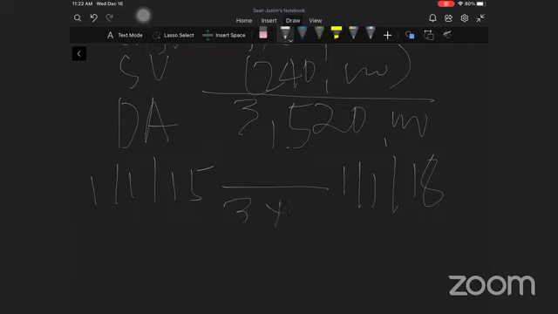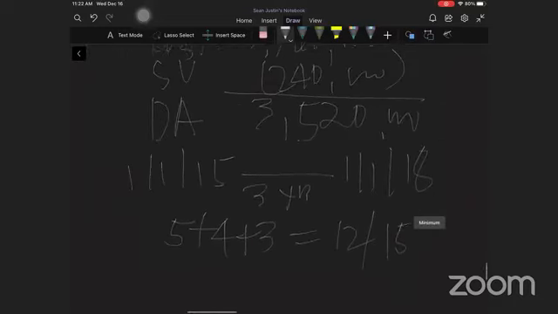So 3 years have passed. Therefore, we need to compute the updated carrying amount at the end of the third year, December 31, 2017. Since sum of years digits, 3 years passed, that's 5 plus 4 plus 3, that is 12, divided by 15.